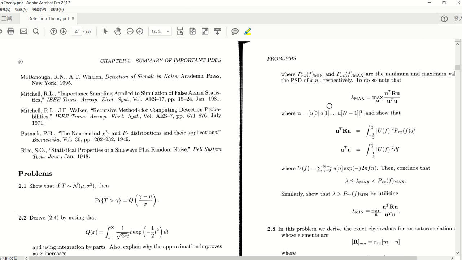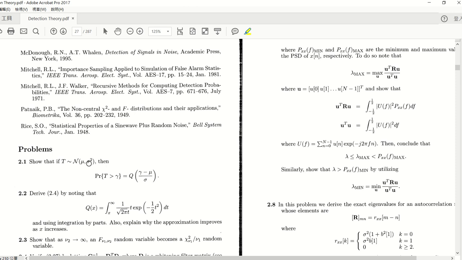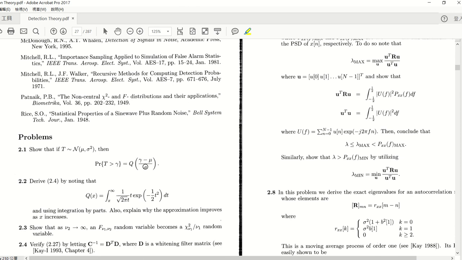Okay, and as you can see in the problems, there are things that ask you to show, for example, the probability of some random variable being larger than something. In fact, this is just a standard Q function, the Gaussian Q function, except you have to do some transformation of a random variable, and then you get something like that.